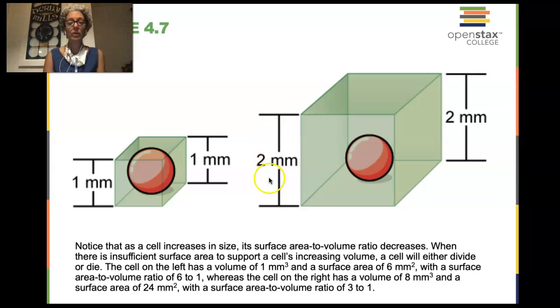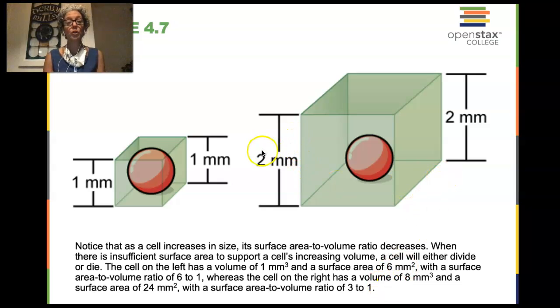If we double the length of every side, then our surface area is 2 times 2, which is 4 for one side. 4 times the 6 sides is 24. So our surface area is 24 millimeters squared. The volume would be 2 times 2 times 2, which is 8.